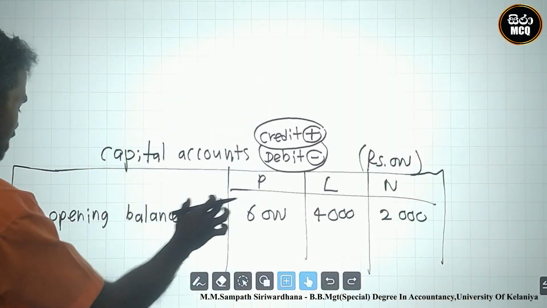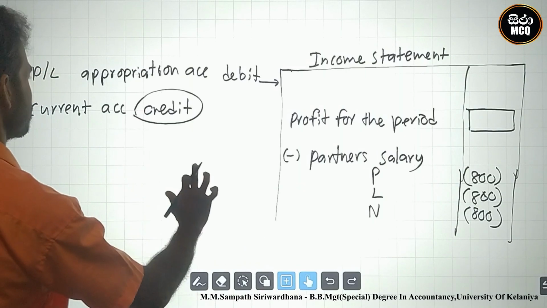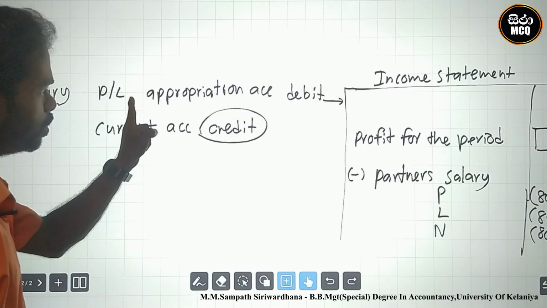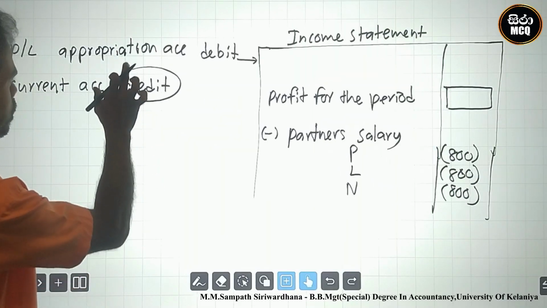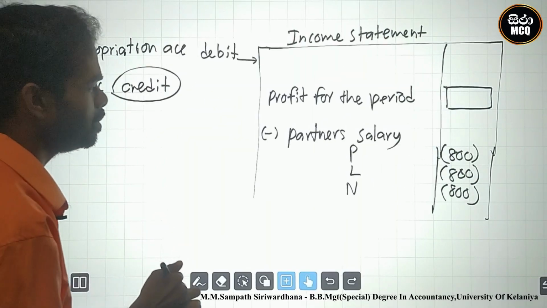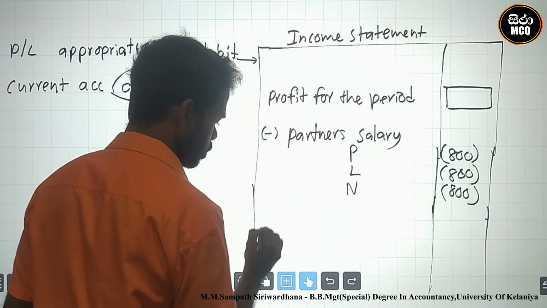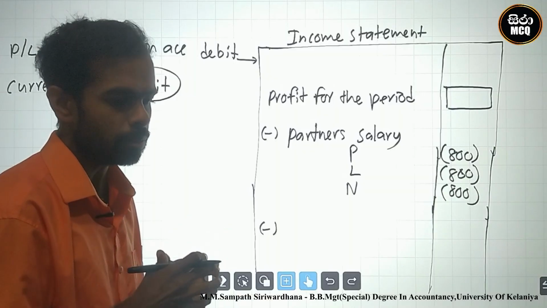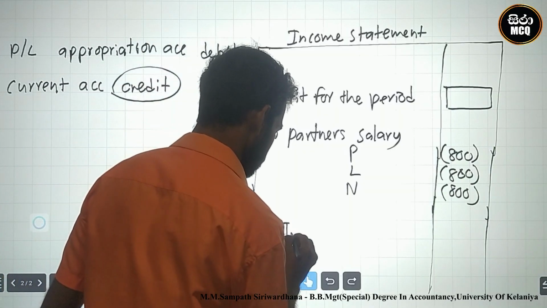Okay, let's see what the double entry is. The double entry is the same for this one: current account credit, profit or loss appropriation account debit. Firstly, I write profit or loss appropriation account debit, which means you must deduct interest on capital from profit for the period.